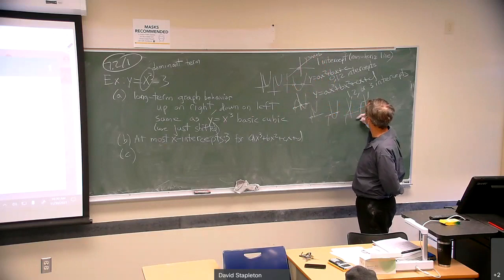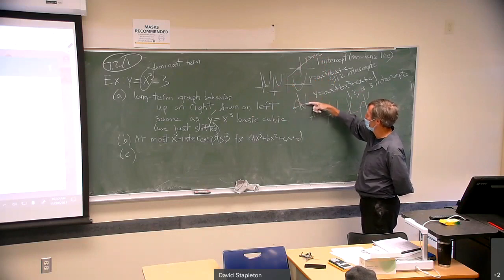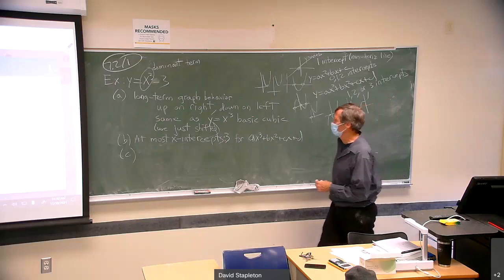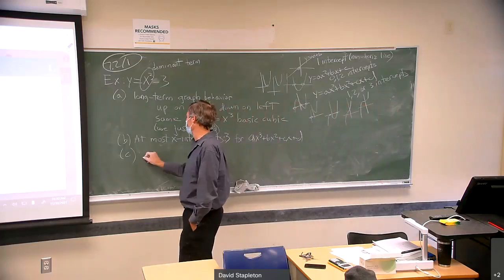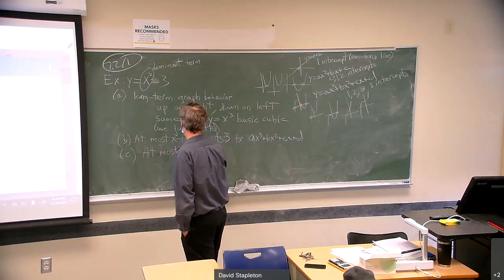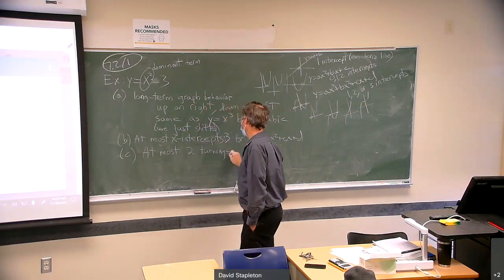It might just have a wiggle and have no turning points, but it has at most 2 turning points, 1 here and 1 here. And so the number of turning points is always 1 less than the degree of the polynomial. So we'll say it's at most 2 turning points. It's always the degree minus 1.